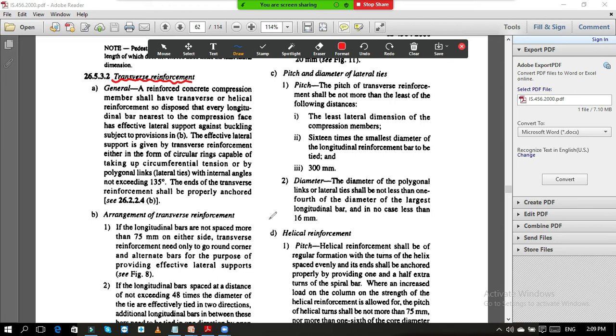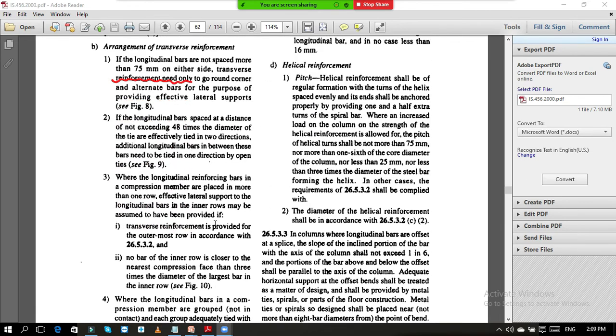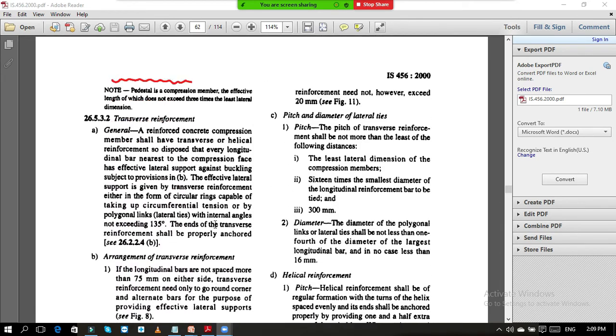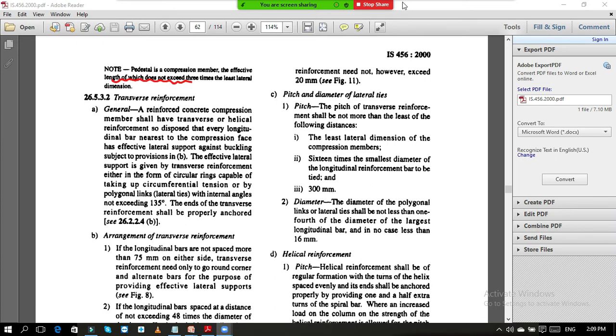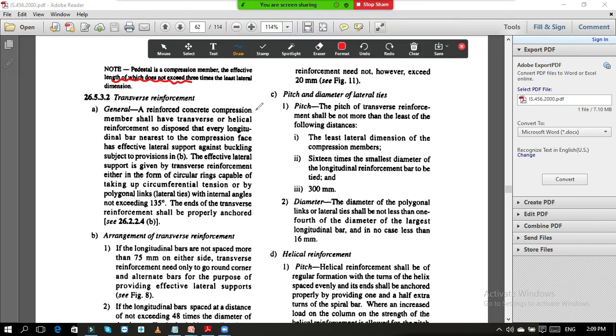Here they have said the diameter of the stirrup should be... just one minute. Here, if we go for this, you see this point C, 26.5.3.2 C, pitch and diameter of lateral ties.